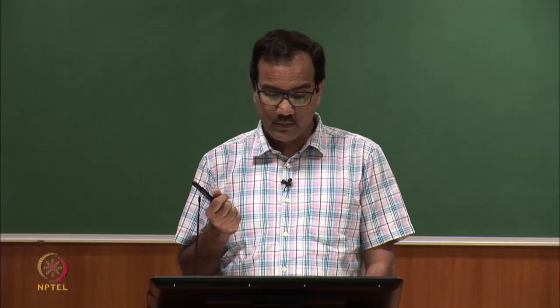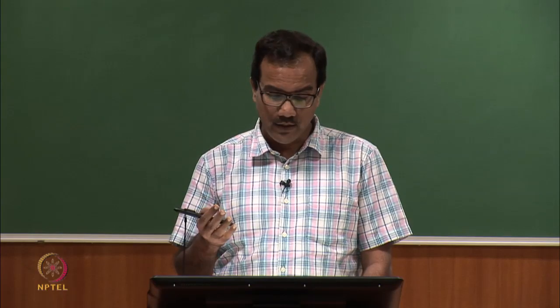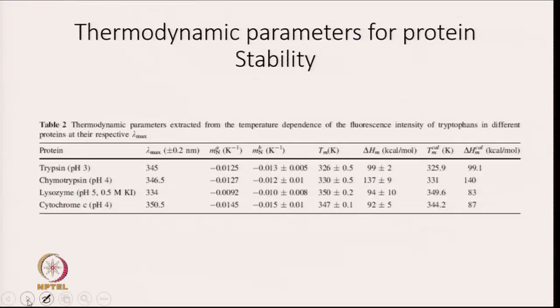There are some proteins for which thermodynamic parameters have been reported. Our lab has already reported them for certain proteins: trypsin, chymotrypsin, lysozyme, and cytochrome C. The thermodynamic parameters have been obtained for trypsin at pH 3, for chymotrypsin at pH 4, for lysozyme at pH 5 and 0.5 molar KI, and for cytochrome C at pH 4.